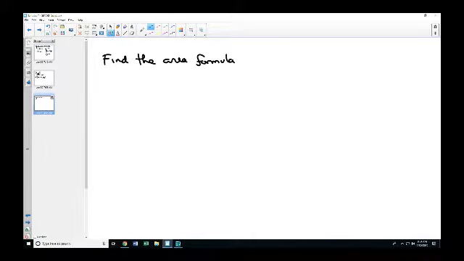So one way is to ask you to write the actual area formula for a function.